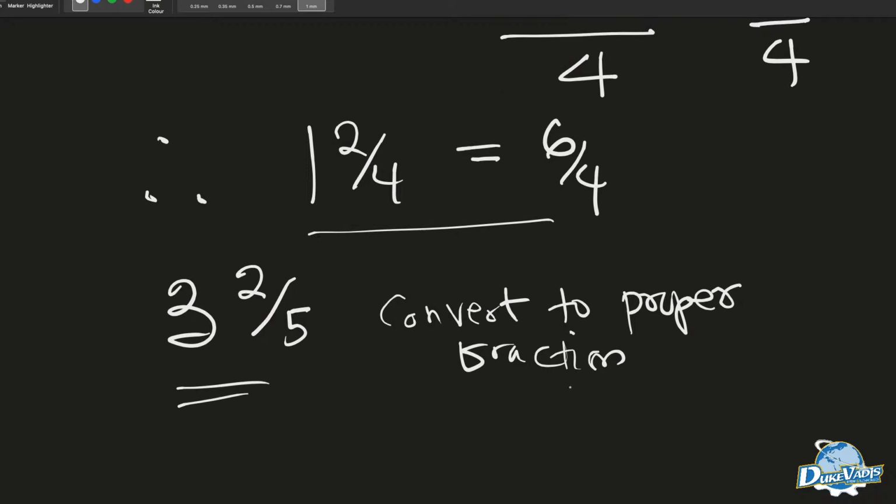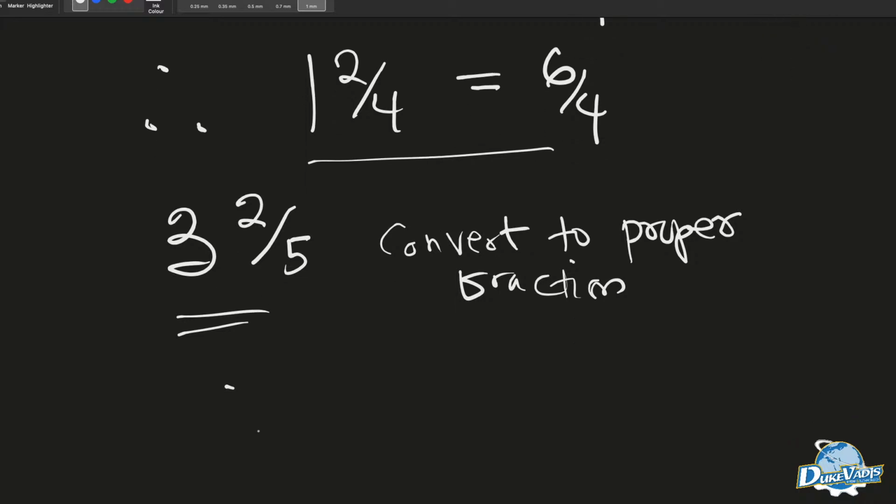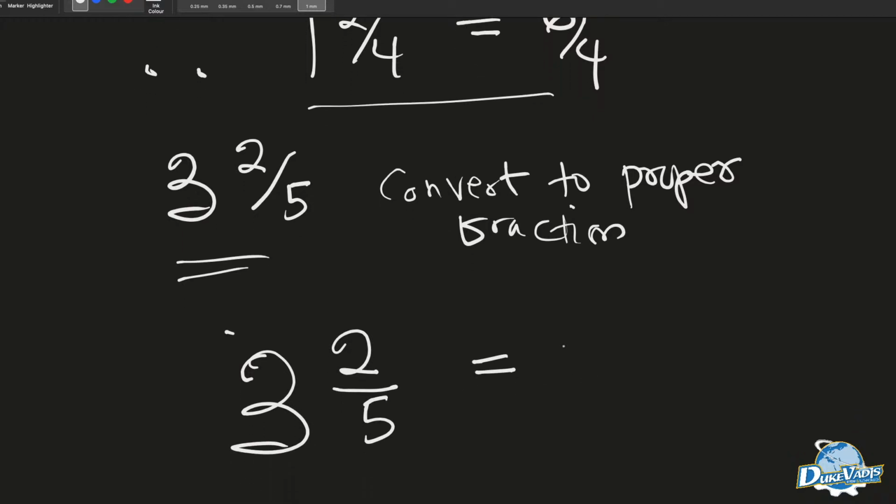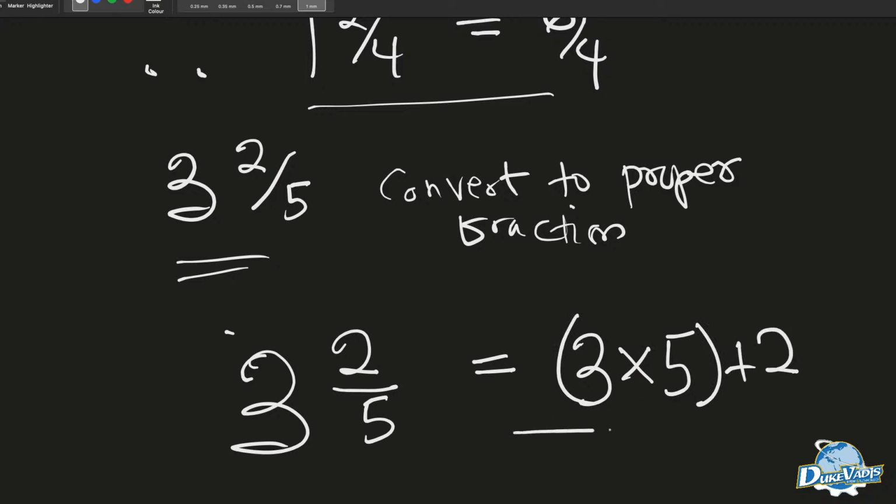So how do we go about it? We have our number 3, and 2 over 5. So we say 3 multiplied by 5 in brackets plus 2 all divided by 5.